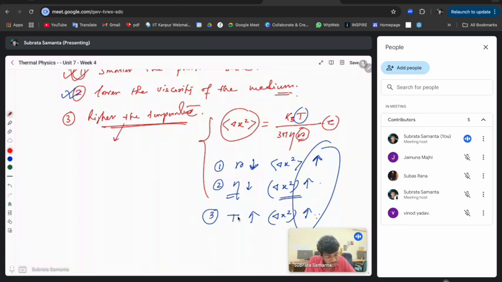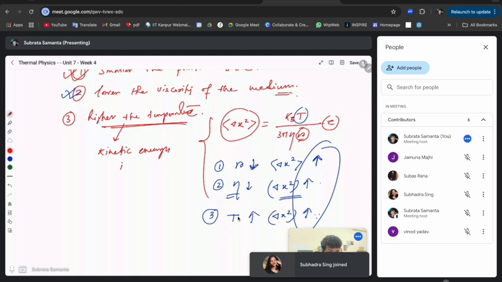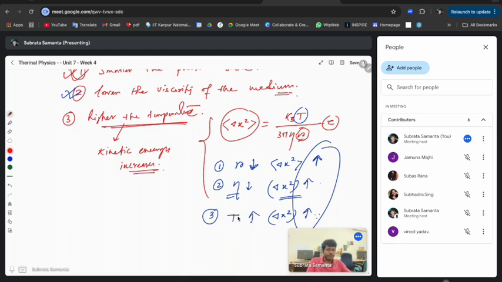So if you increase the temperature, your kinetic energy increases, and that increases the motions of the particles.